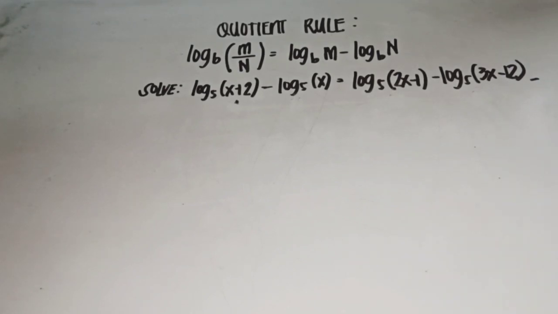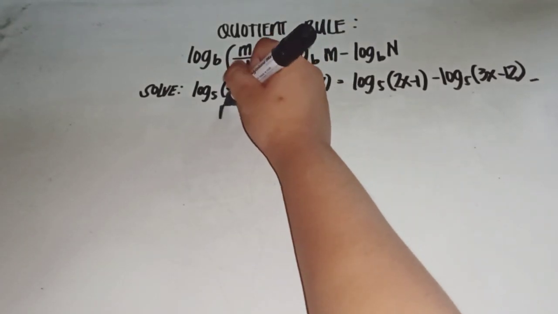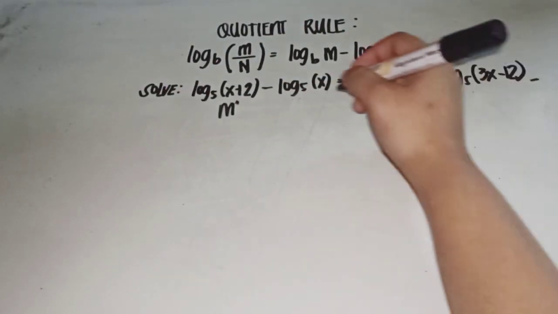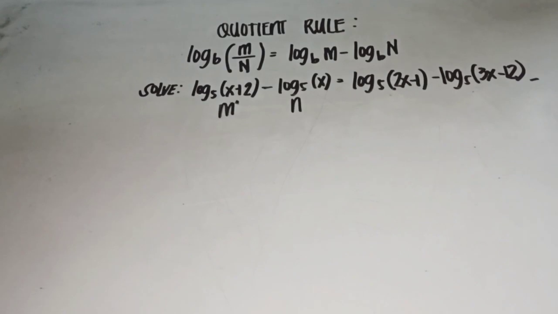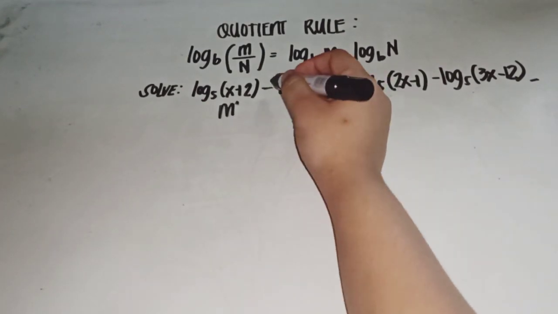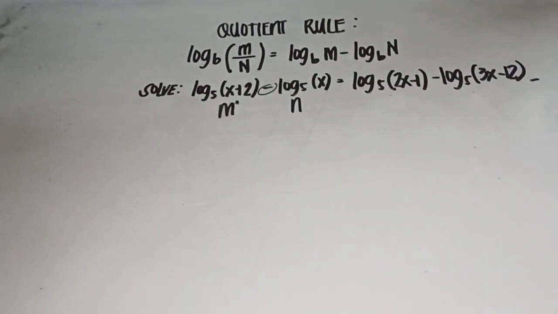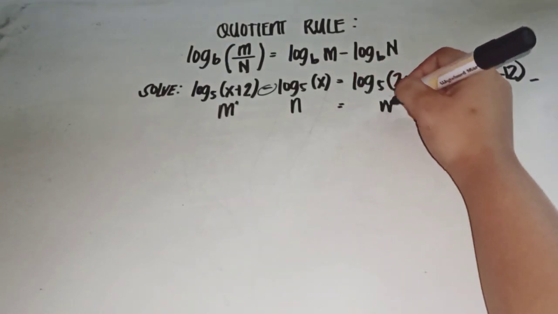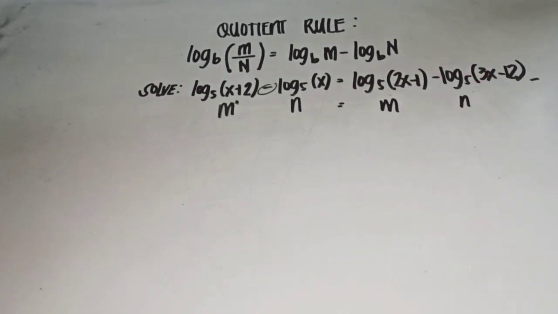So first we will write our m. Let's write m for our first term, and then for our next term, since this is a subtraction, we can use the quotient rule of logarithm. So same as here, m and n.